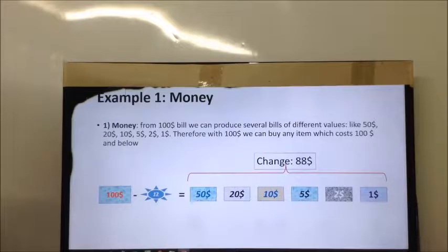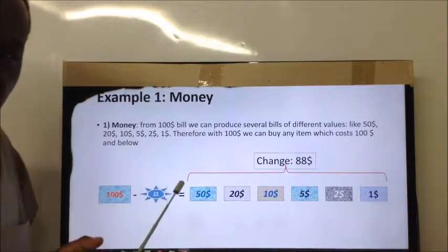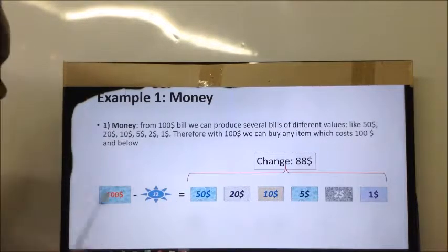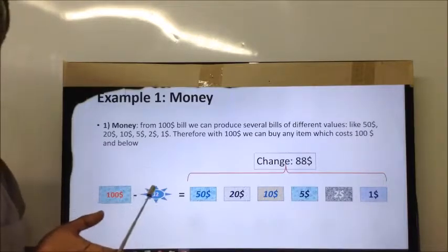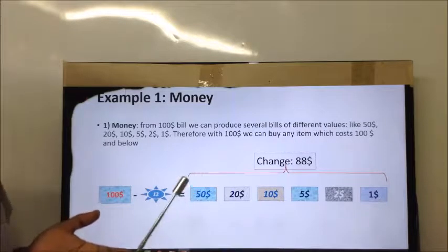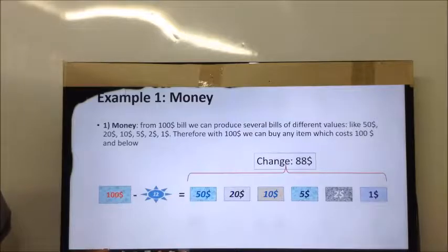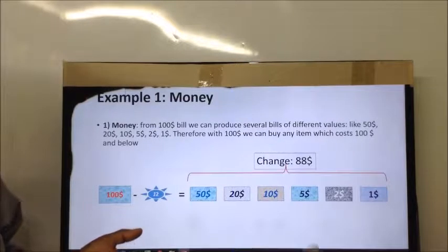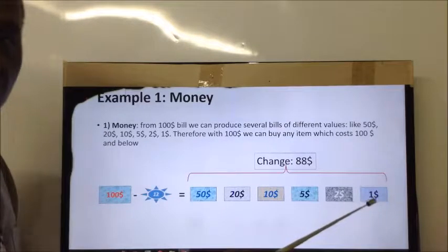And also, if we have the license to make the bills we like, we can make bills of 99, 97, 84, 73, bills of 26, bills of 9, and down to 1.